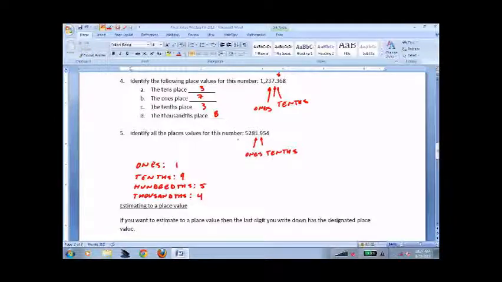Going the other way, ones, tens, 8, hundreds, 2, thousands, 5. Those are all the place values.